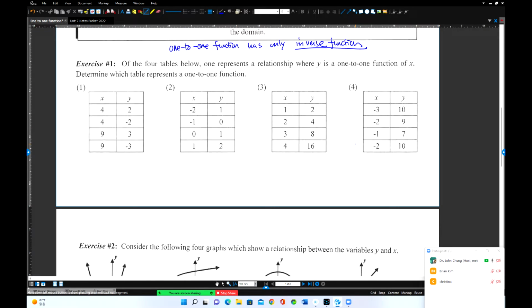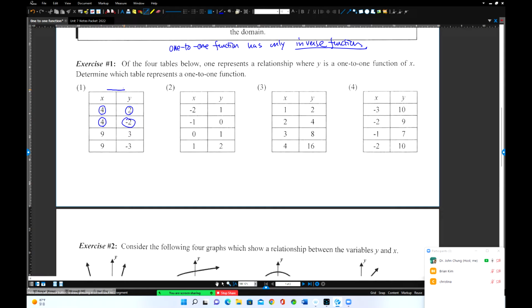Now check it out over here. We have some exercise one. We have 4 tables. One represents a relationship where y is a one-to-one function of x. Determine which table represents a one-to-one function. Take this one. When x is 4, y is 2. When x is 4, y is negative 2.